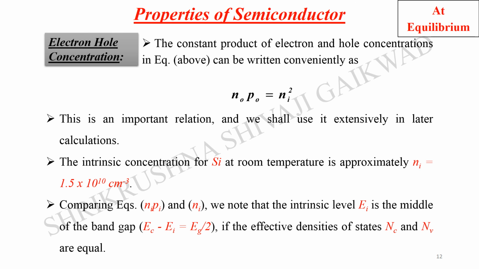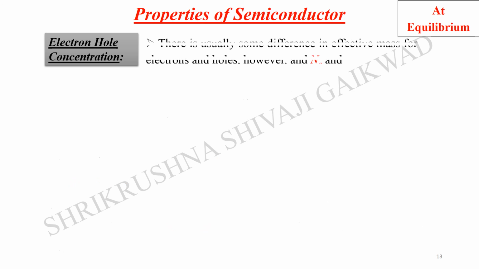So the intrinsic carrier concentration for silicon is 1.5 × 10^10 per cc. Comparing this equation with the above for ni pi and ni, we note that the intrinsic energy level EI is at the middle of the band gap, that is EC minus EI equals Eg/2, if the effective densities of states NC and NV are equal.